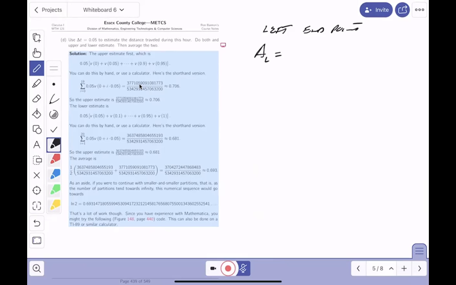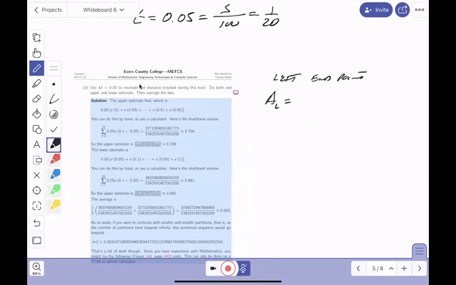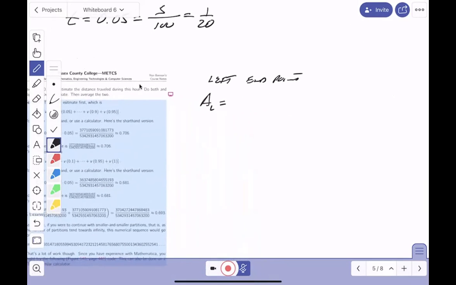Let me write this down for you because I actually don't like decimals. If that is 0.05, that would be 5 over 100 or 1 over 20. So the base of every single rectangle is 1 over 20.